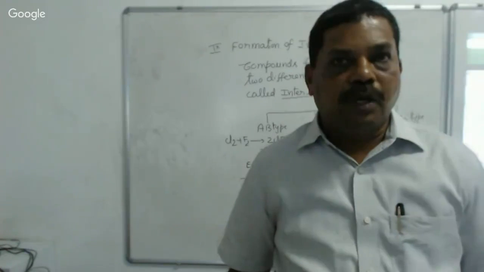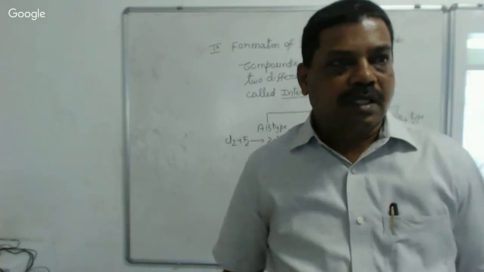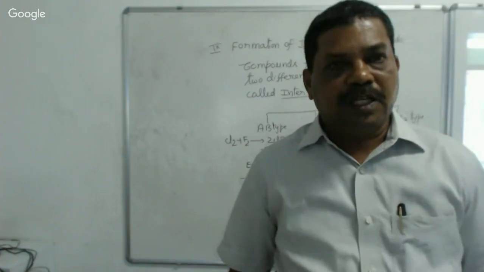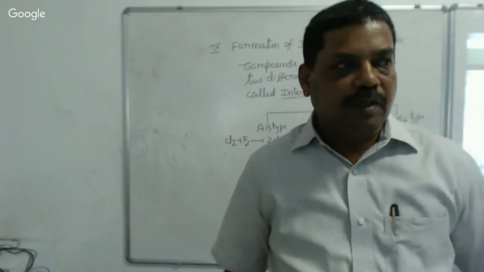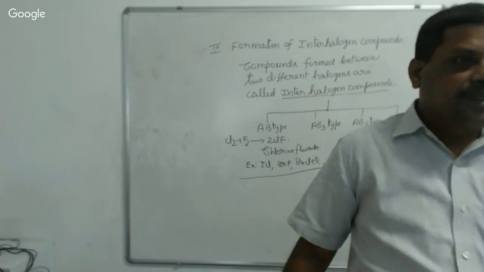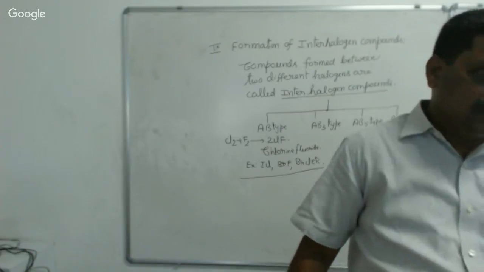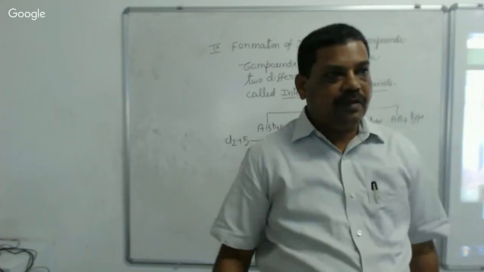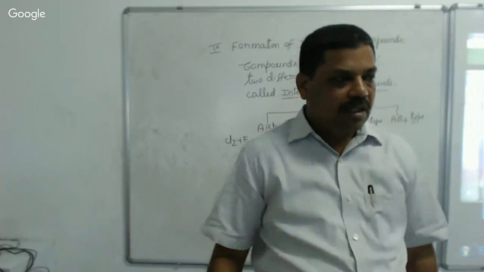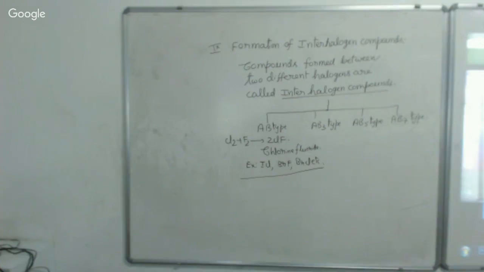What is the type of bond present between two halogen atoms in interhalogen compounds? Two halogens both are non-metals. So non-metal bond is always covalent. But it is not only covalent, it is polar covalent because the electronegativity is not same for the combining atoms. In chlorine fluoride, ClF, can you predict the polarity?